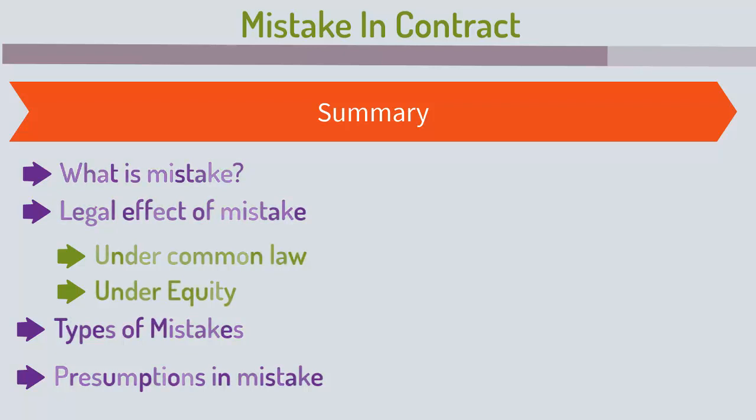The answer is no, because applying the nemo dat quod non habet rule, the rogue does not have title and so cannot purport to give any title. The rule says that if you do not have a thing, you cannot give. So if you don't have something, you cannot give, and you cannot give a title better than what you have. It's on that ground that the third party does not acquire any title from the rogue, and the seller can reclaim his or her goods from the third party.